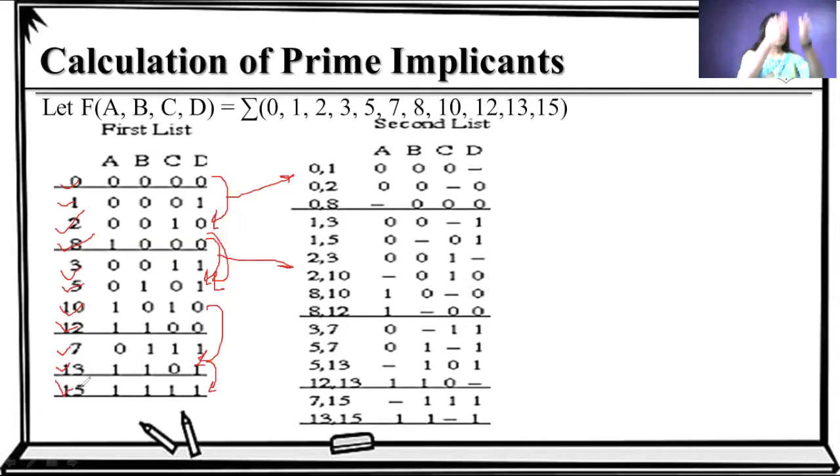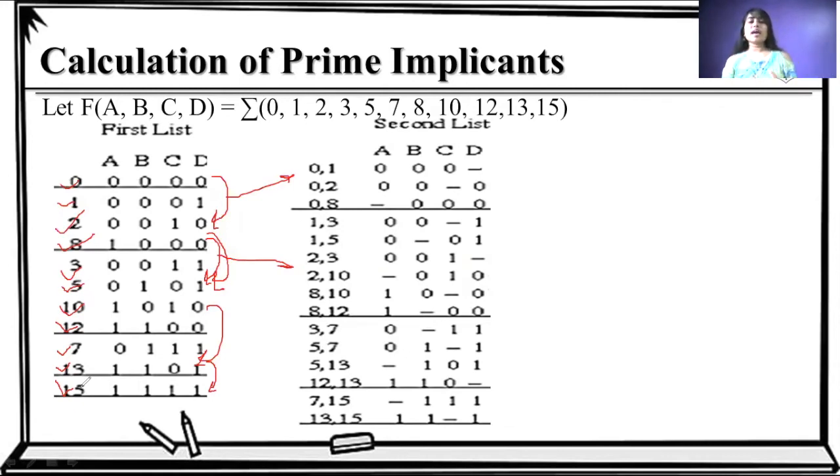That means all the terms of the first list can be reduced into the second list, so no term remains in the first list. That means we have no prime implicants from the first list.